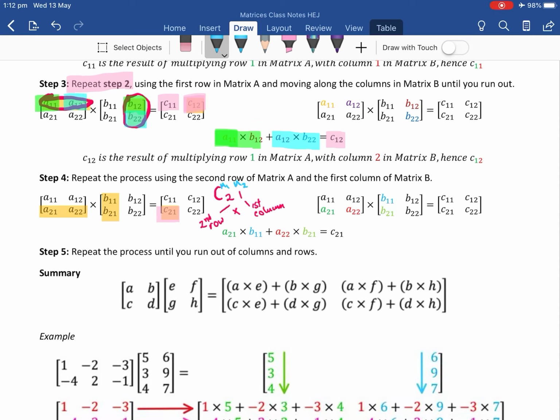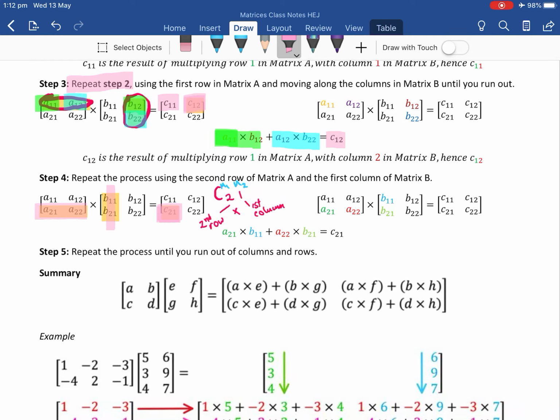That's just a little bit of extra notes for you, but if you are getting it, that's fine. So we're trying to find this one. The 2 says the second row of your first matrix, which is this one, and in our second matrix we need to multiply by our first column, which is why that one's highlighted.